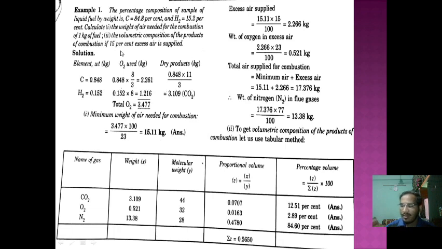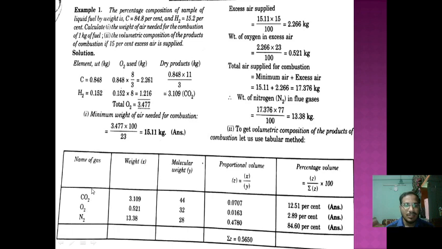The next one is the volume composition of the products of combustion when the percentage excess air is supplied. To get the volumetric composition of the products of combustion, let us use the tabular method.